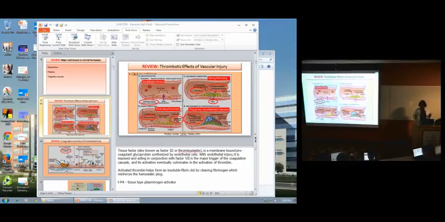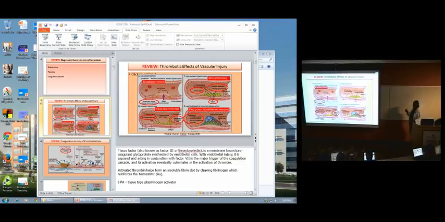But the secondary hemostasis starts with the tissue factor. If you remember, tissue factor is produced by the endothelial cells, and you know that it's part of the coagulation cascade. Is that the intrinsic pathway or the extrinsic? Extrinsic pathway, that's where you have the tissue factor.